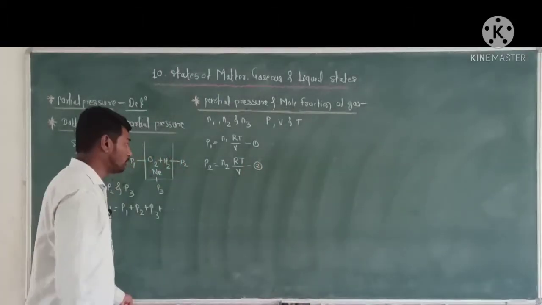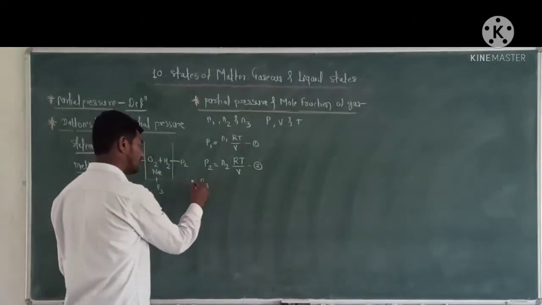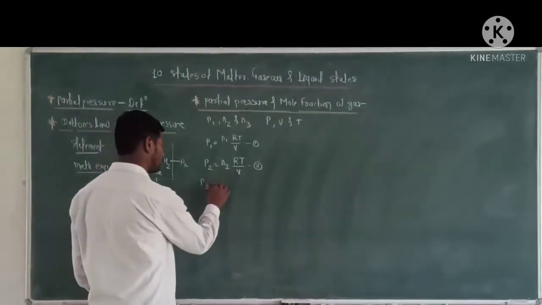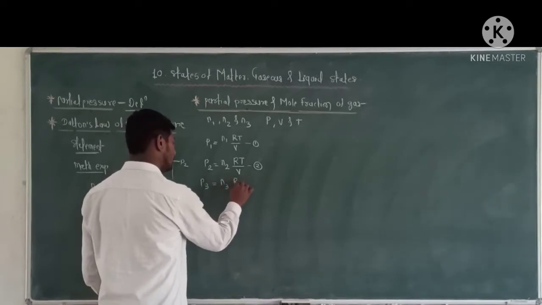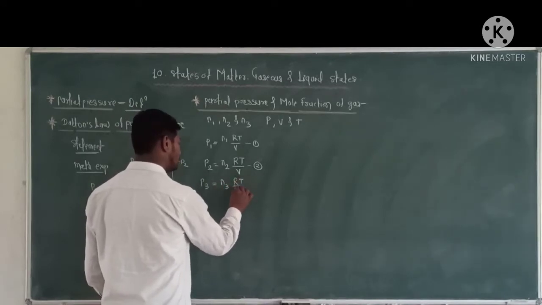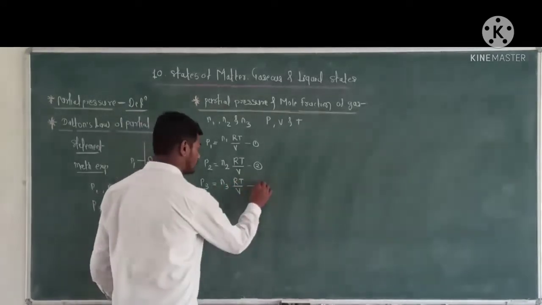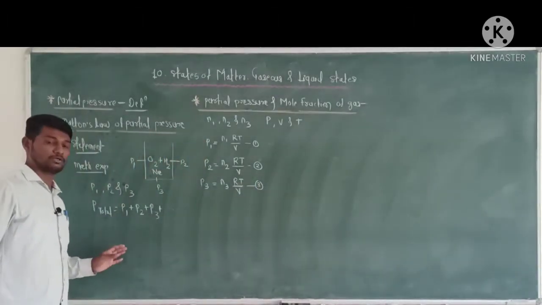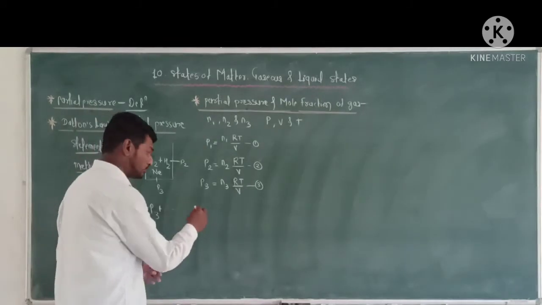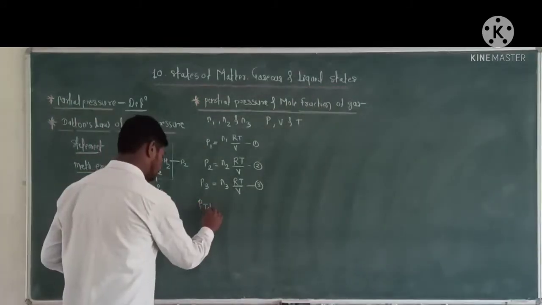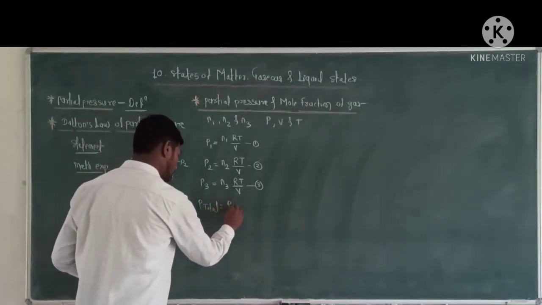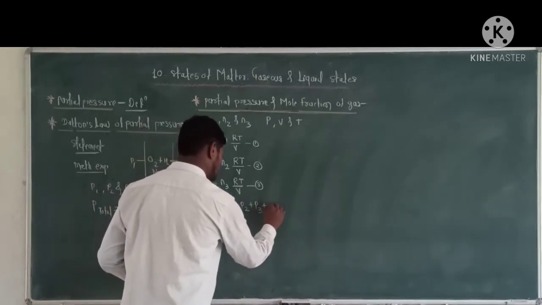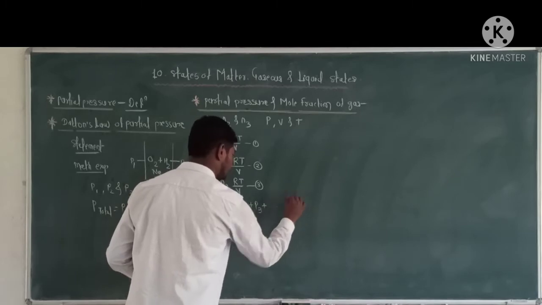Then the partial pressure of the third gas, that is P3, in the form of the ideal gas equation will be n3RT upon V. This is equation number 3. According to Dalton's law, P total is equal to P1 plus P2 plus P3 plus so on. This is equation number 4.